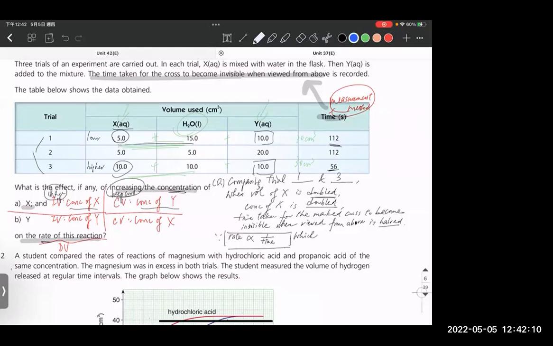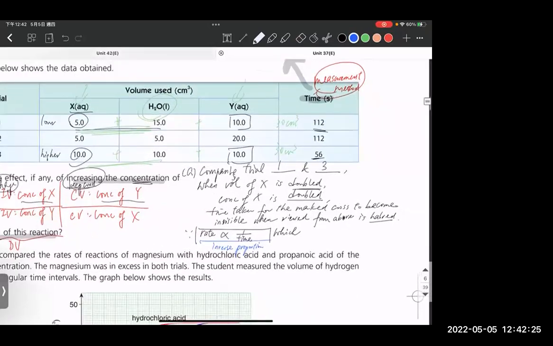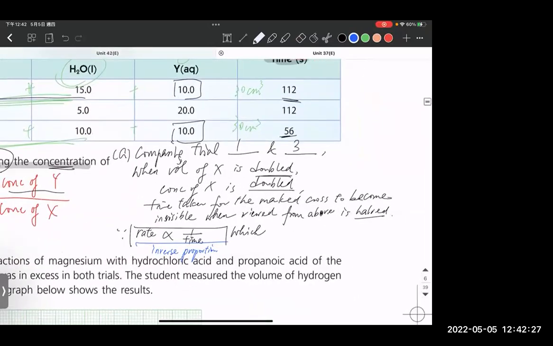Inverse relation. Oh, forgotten. It seems many of you have forgotten that sentence. So what is that? We would call that an inverse proportion. You got it in mathematics, right? So inverse proportion. So you will say that the rate is inversely proportional to the time taken.